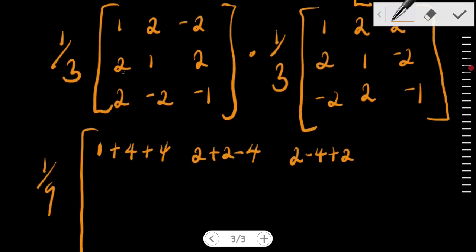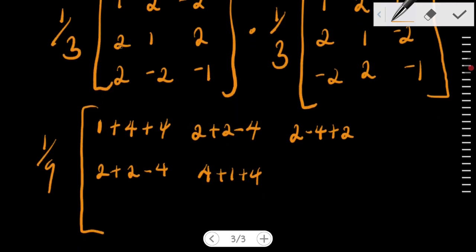Now let's go to the second row. 2 times 1 gives 2, plus 1 times 2 gives 2, then 2 times negative 2 gives negative 4. Now 2 times 2 gives 4, then 1 times 1 gives 1, then 2 times 2 gives 4, positive.